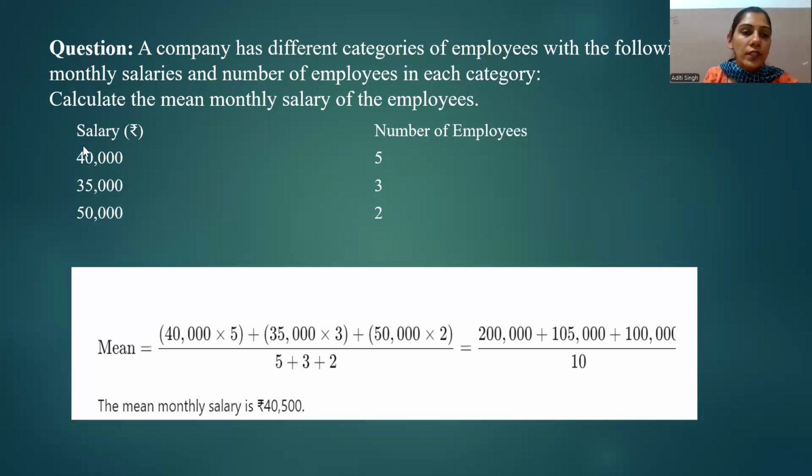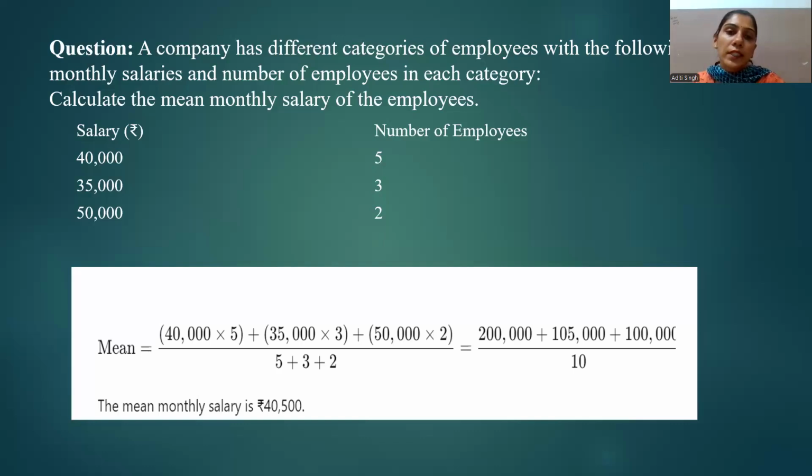Okay, so the salaries given to us are 40,000, 35,000, and 50,000. There are a total of 5 employees who are getting a salary of 40,000, 3 employees who are getting 35,000, and 2 employees who are getting a salary of 50,000.